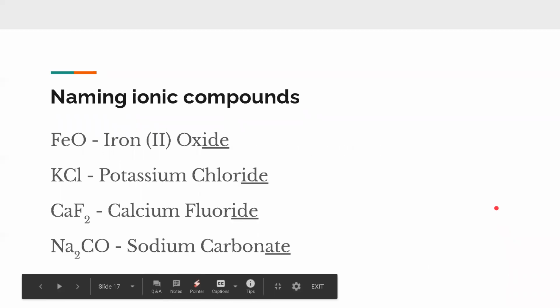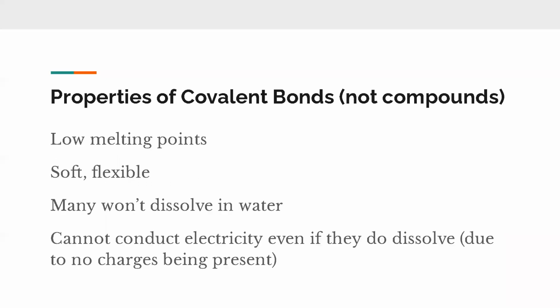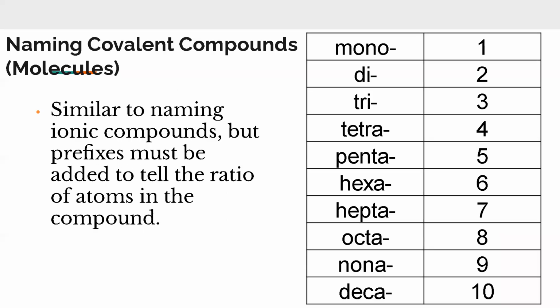Here's some more practice. Covalent bonding. It's basically just between two nonmetals, and the atoms share the electrons instead of transferring them. This is for naming covalent compounds. You just add one of these prefixes onto the beginning of one.